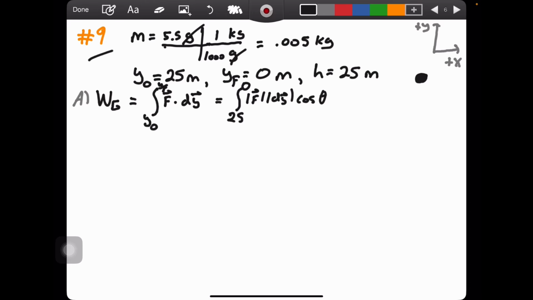What is the angle between the force of gravity, which is negative mg, negative because it's going straight down, and I've defined straight up as positive y? And what's the displacement? This force right here, I'm going to resubstitute as negative mg.